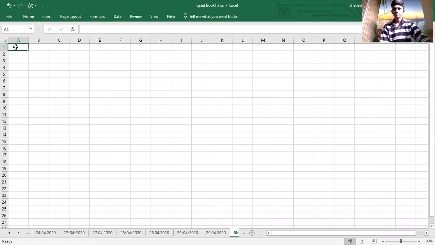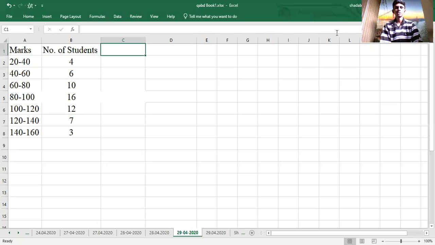I will take the marks they have given. Here marks and number of students which they have given in the question. By taking this one, we will calculate our median. First, like I said, it is cumulative frequency.